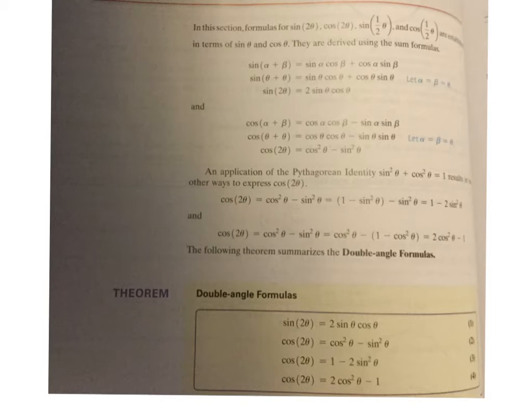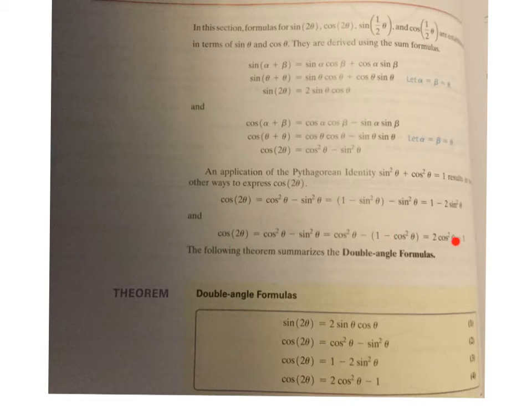Another way to approach that would be to do the substitution here, because cosine squared plus sine squared equals 1. That tells us that sine squared is 1 minus cosine squared. So we make that substitution, and the minus minus is a plus.